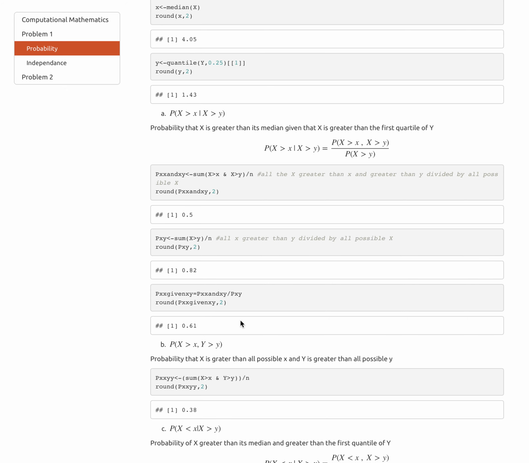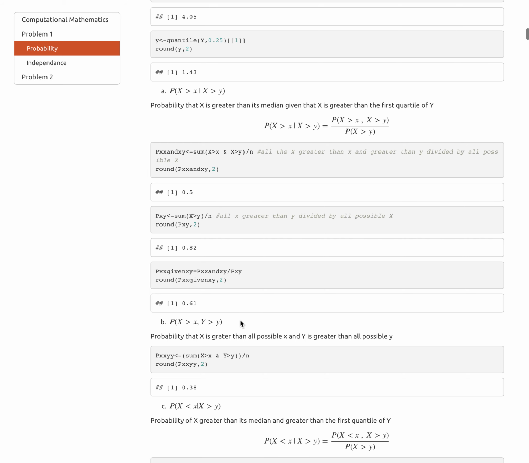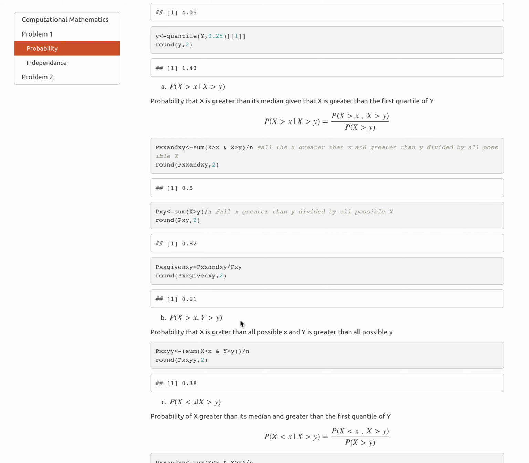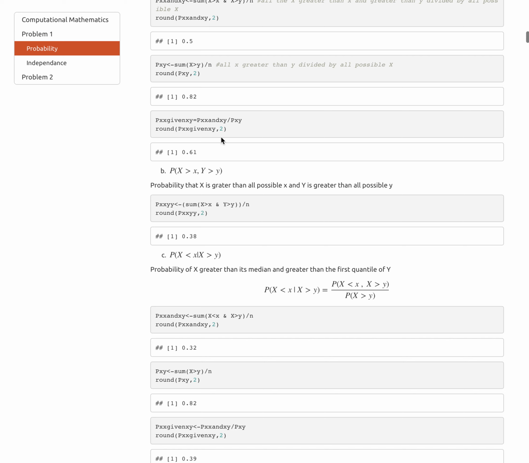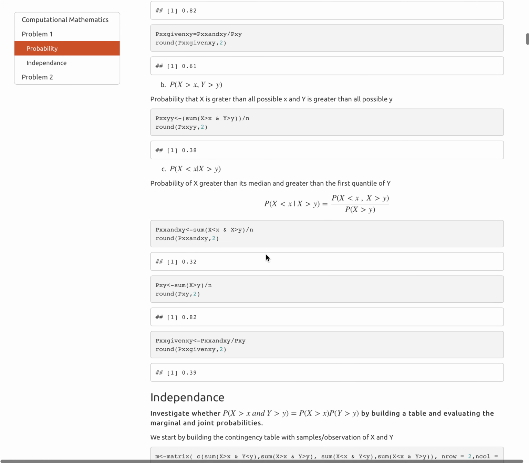For B, I calculated the joint probability by adding all of the samples that meet the condition, and then divided it by n. C was calculated in a similar way to A, basically the same formula.